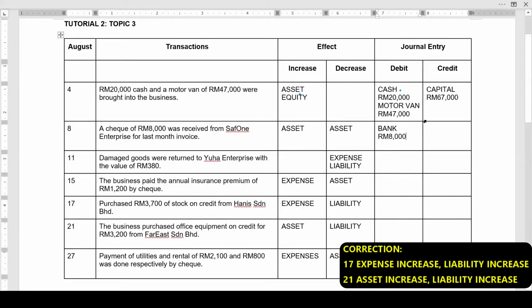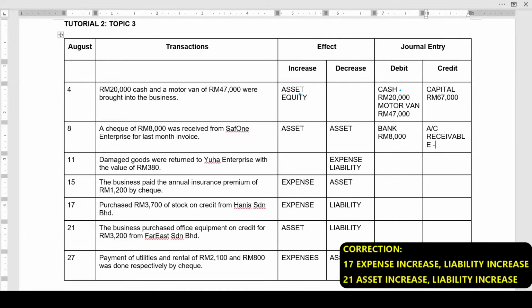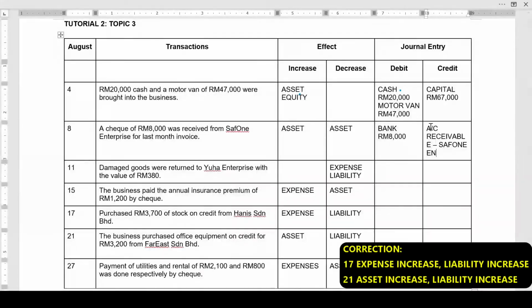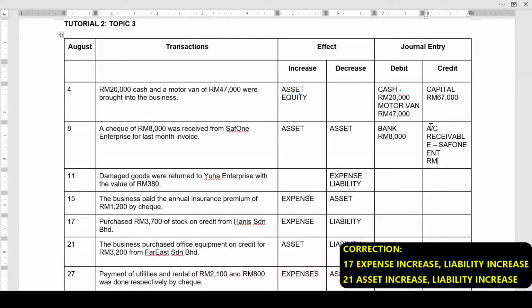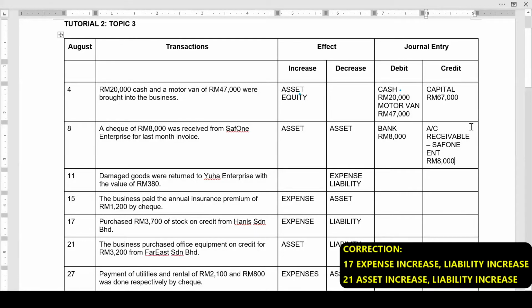Which asset account here is being decreased? Account receivable of Safwan.